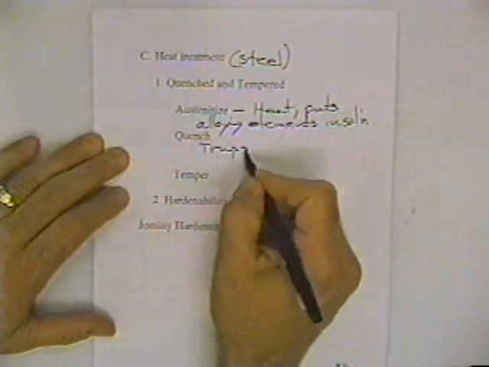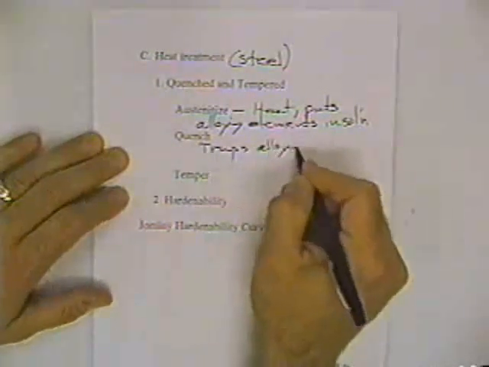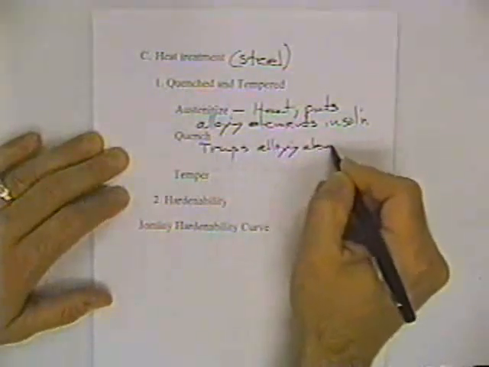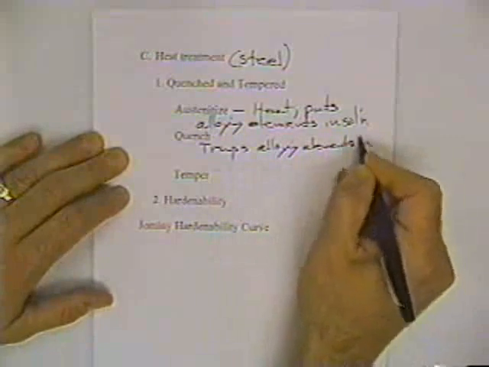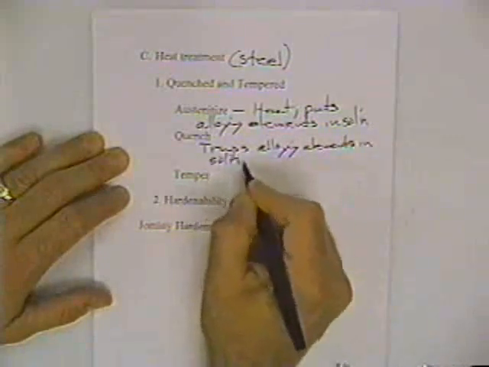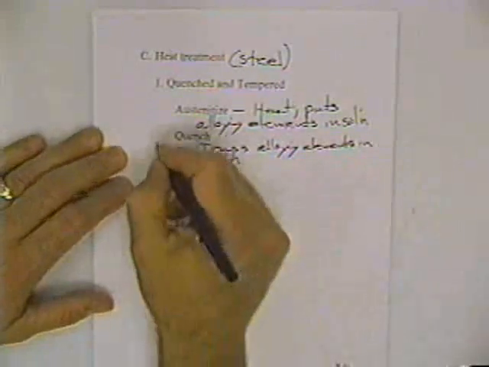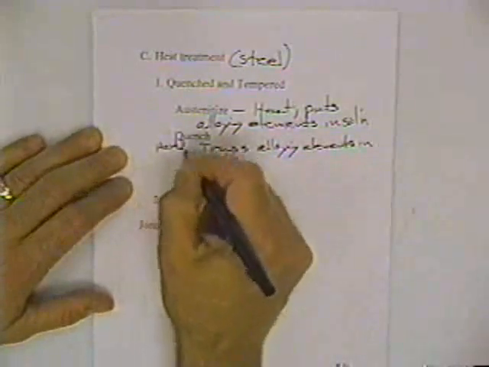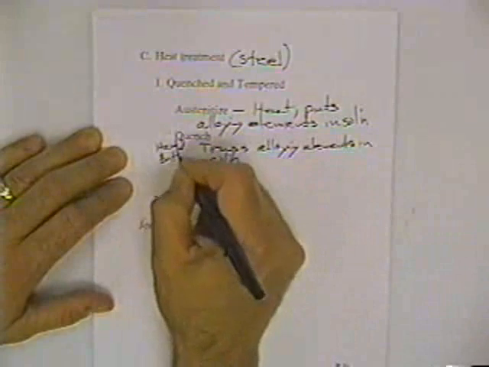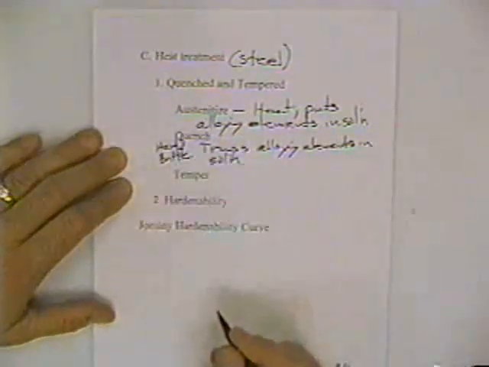This traps the alloying elements in solution, and in the case of steel, this is very hard and brittle.